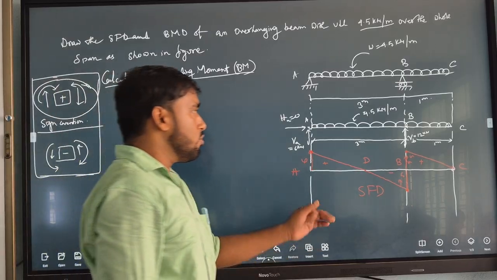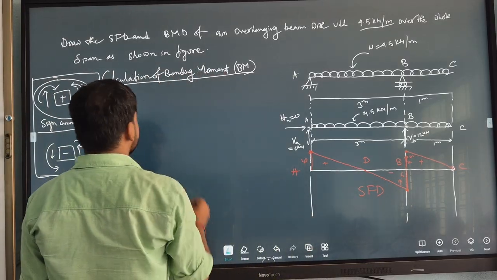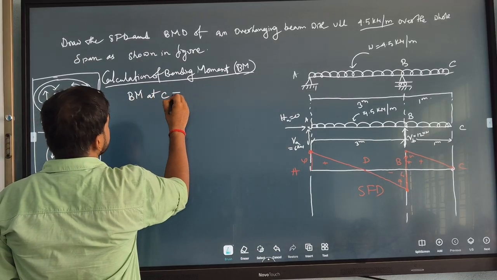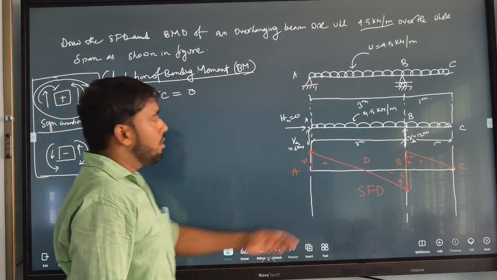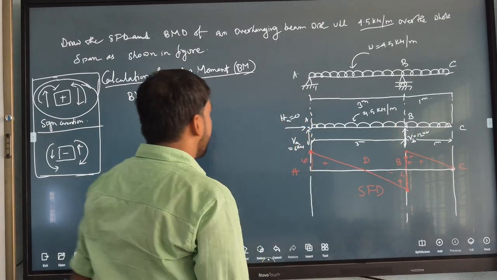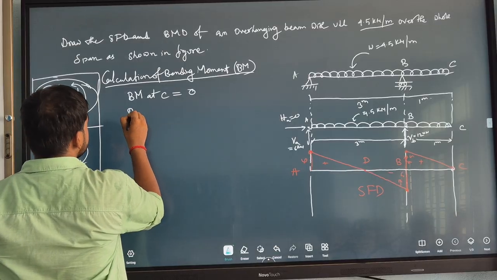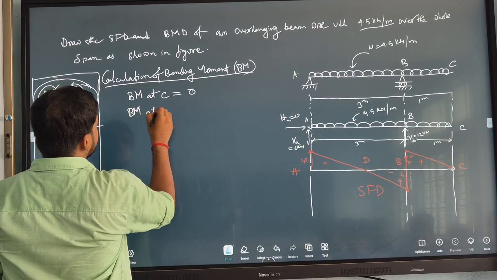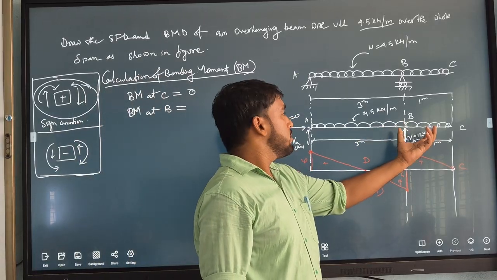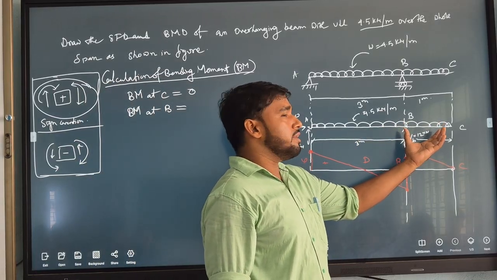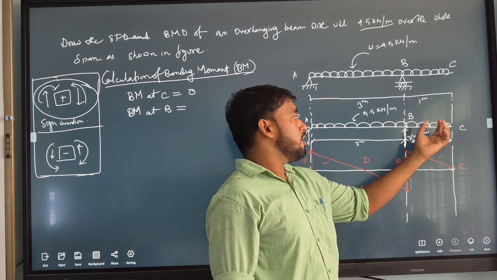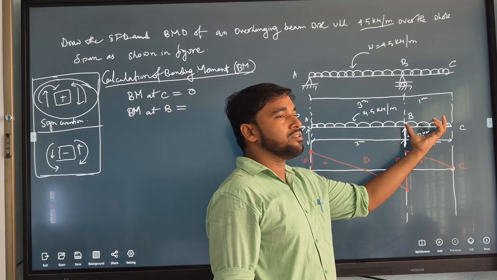Now bending moment at C. Calculate bending moment at C. How much? 0. No force, so no moment. Bending moment at D. While you are calculating bending moment at D, you just stand here, look towards C, and you will see only this amount of UDL force.